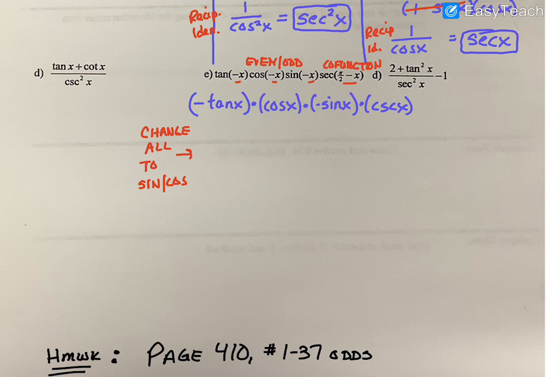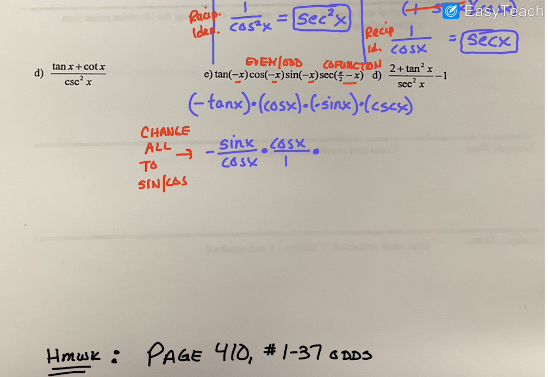So, tangent. Tangent, we can use a quotient identity, right? Tangent is sine x over cosine x, and since it was negative tangent, I'm going to say negative sine x over cosine x. Times, okay, cosine x, hey, good news, that's already sine and cosine. I'm just going to leave it as cosine x. I am going to make it a fraction and put it over 1 because my previous one was a fraction.